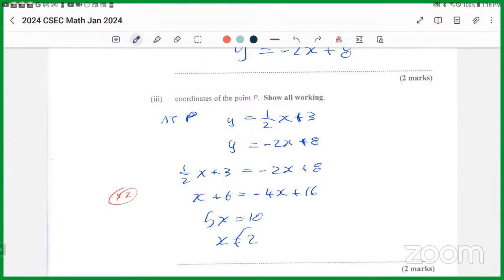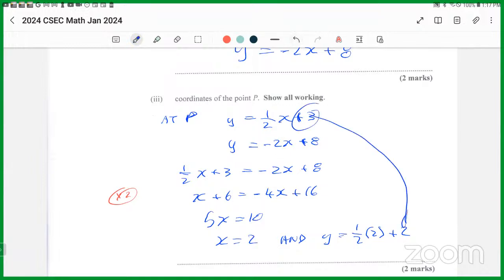Then if x is equal to 2, the y becomes half of 2 plus 3. Oh, it's a 3 I must add, I mistakenly added 2. It's supposed to be a 3.